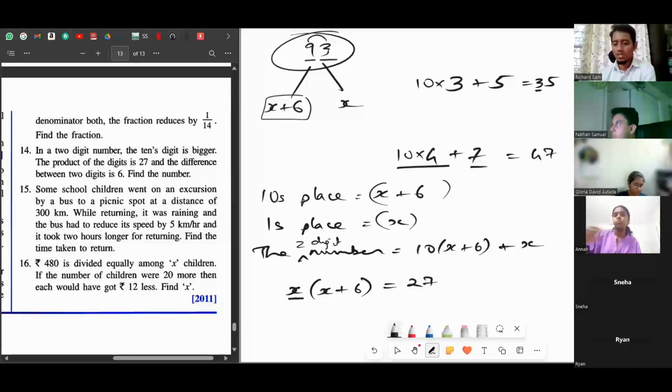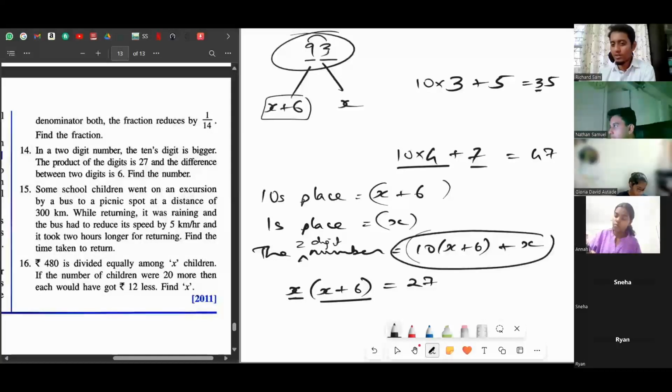This is the ones place. This is the tens place. If you multiply those digits, you're getting 27. So we got only one equation. This is the equation. This is the number. So solve the equation, you will get x, right? Quadratic equation. And then put x over here and you will get the number.